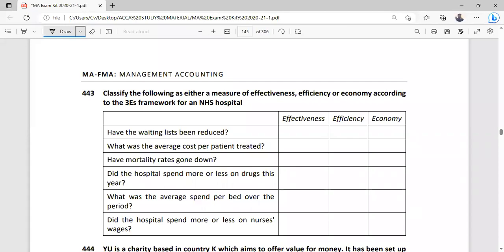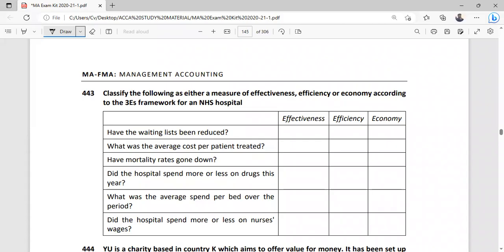Classify the following as either a measure of effectiveness, efficiency, or economy according to the 3 E's framework for an NHS hospital. So what would be the appropriate measures for a hospital? Have the waiting lists been reduced?